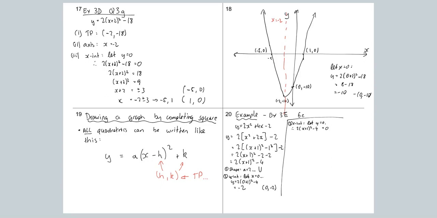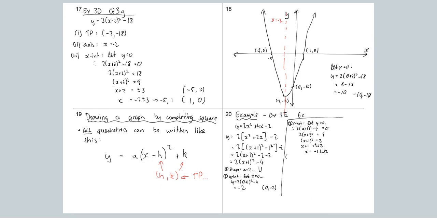Now we're going to just go about solving it. So I'm going to add 4 to both sides. I'm going to divide both sides by 2. I'm going to square root both sides. Plus or minus, of course. And so x is equal to -1 plus or minus the square root of 2.